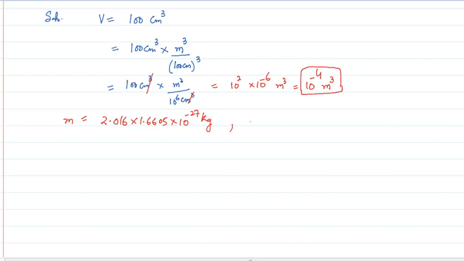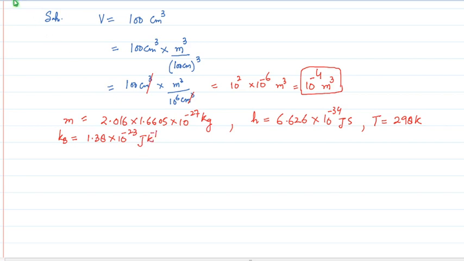Planck's constant is 6.626 into 10 raised power minus 34 joule second. Temperature is given as 25 degrees; we convert that into the Kelvin scale, which is 298 Kelvin. And Boltzmann's constant is 1.38 into 10 raised power minus 23 joule per Kelvin.